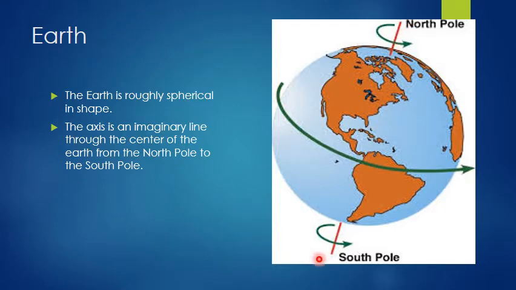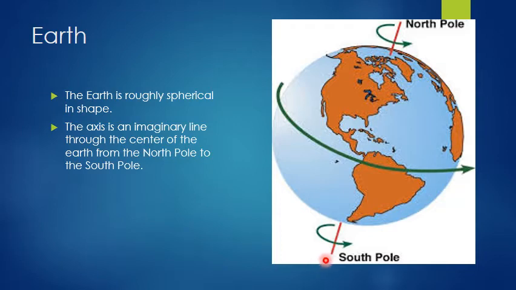So this is called the axis. It's an imaginary line, which means that it's not real. If you traveled into space and looked at the Earth from outer space, you would never see this line because it's imaginary.